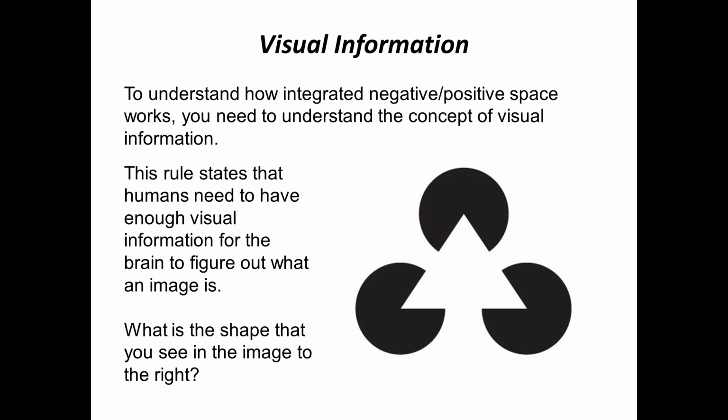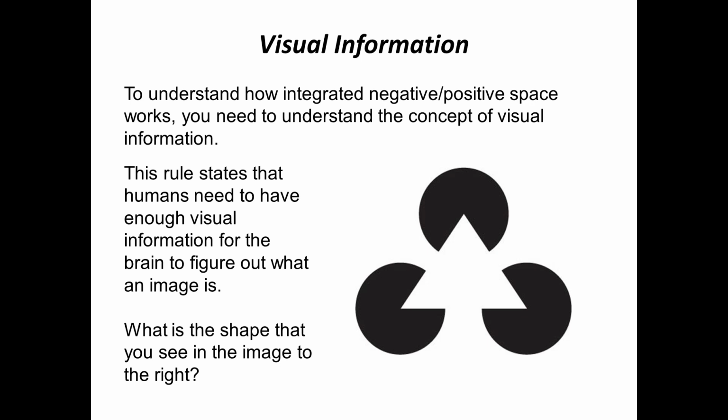Now for the next type of negative positive space, you do need to know this piece of information, and it's about visual information. To understand how integrated negative positive space works, you need to understand this concept. This rule states that the human eye needs to have enough visual information for the brain to figure out what the image is.